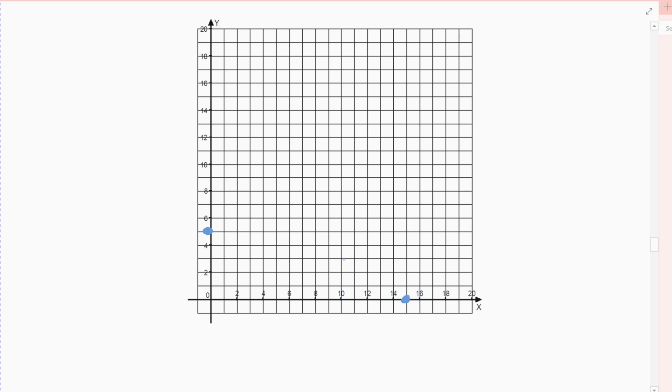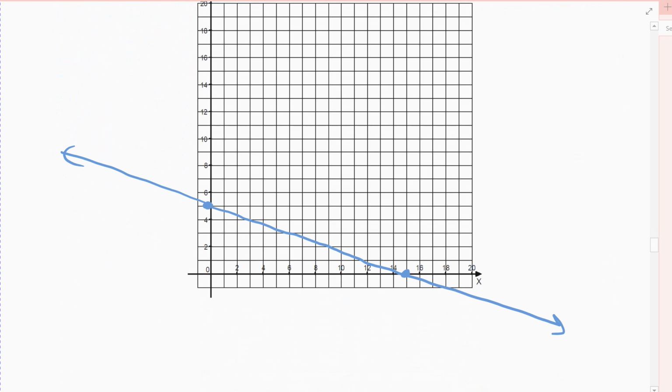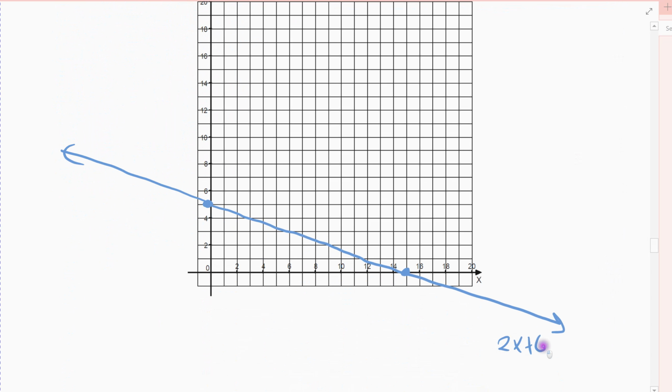Alright, so I want to make sure I'm careful, and I connect my dots. Alright. And then I'm going to label it, so this was the 2x plus 6y equals 30.